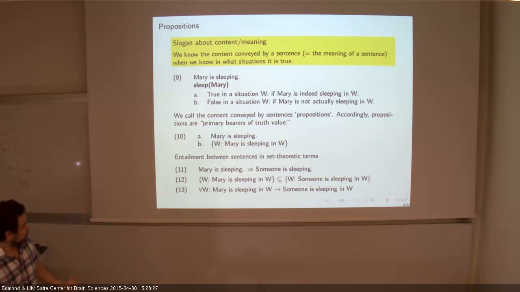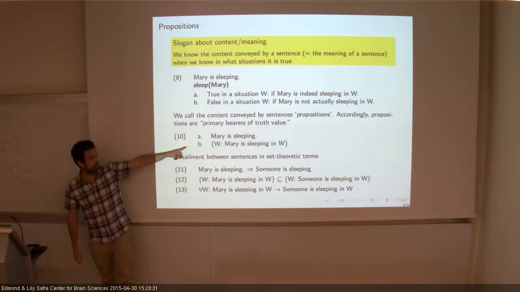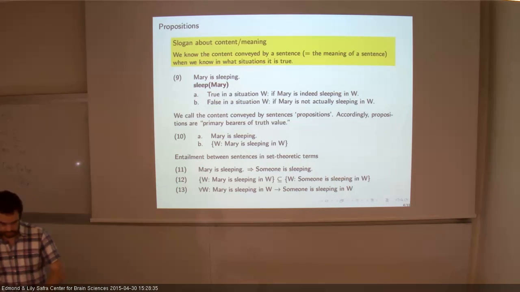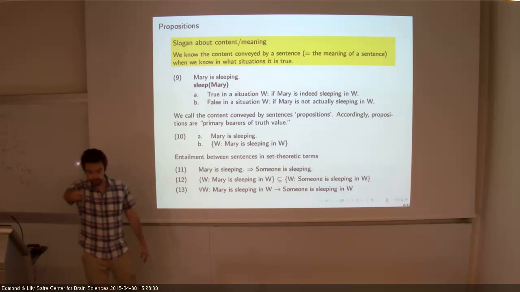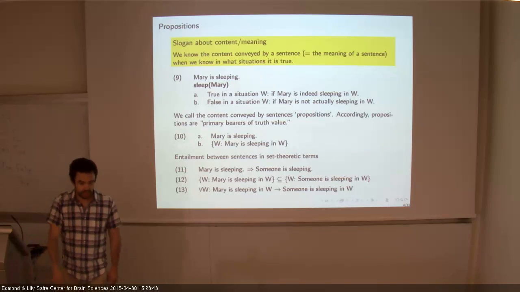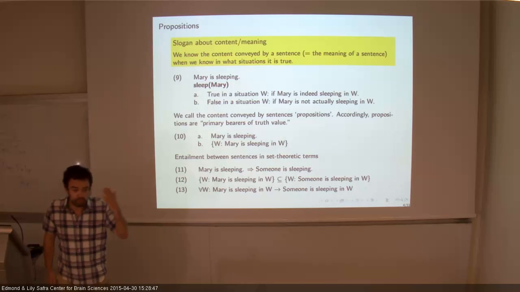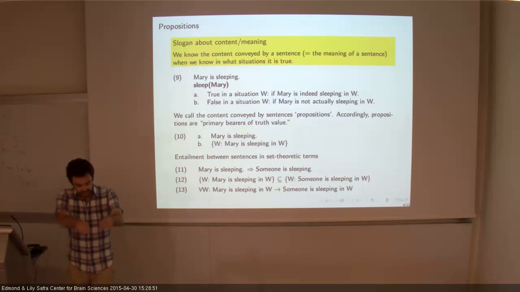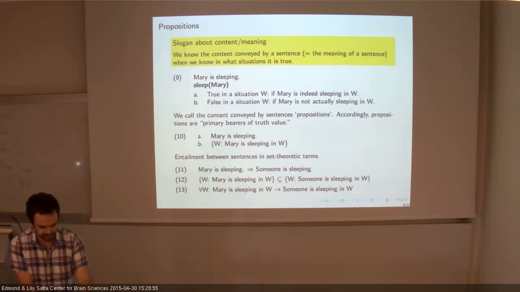In fact, this is very, very big. It's going to contain many, many different situations in which Mary is sleeping. For each chair in this room, you're going to have a world in which Mary is sleeping in that chair. But notice that these are not actual situations. These are simply situations we can conceive of. We can conceive of a chunk of matter in which Mary is actually here and sleeping. It's not an actual chunk of matter, because obviously she's not here.